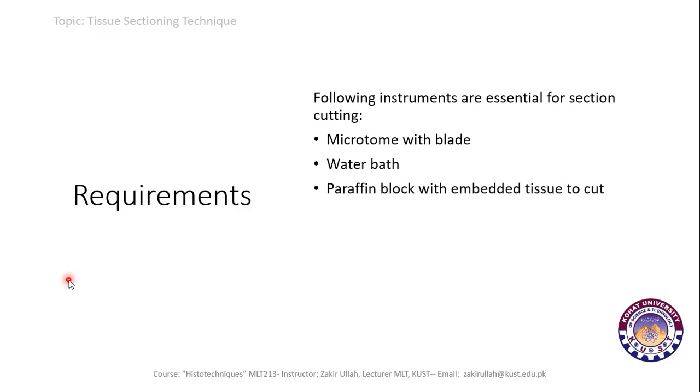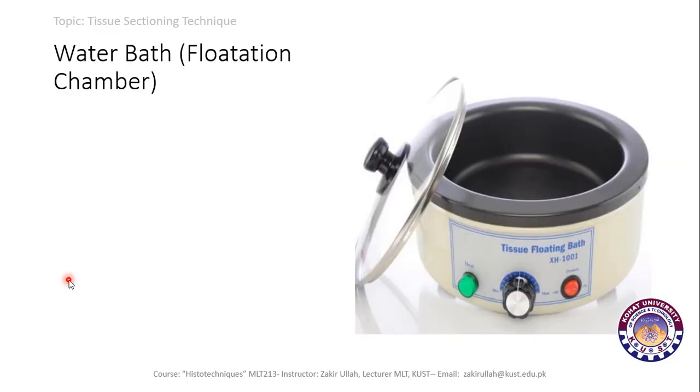The third one is the paraffin block with the embedded tissue to cut. The ice tray is used for this technique, and the blunt forceps. The brush used is the camel brush, and then the slide racks with slides.